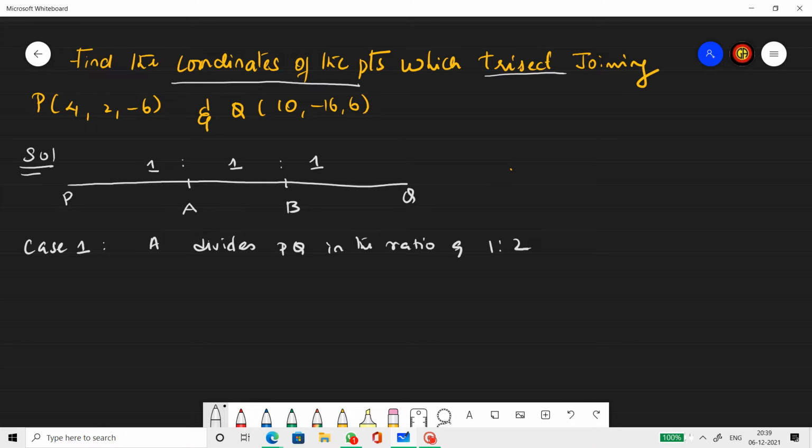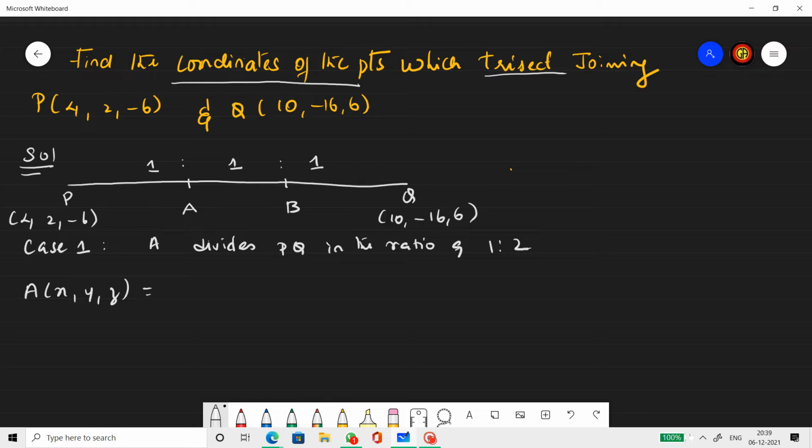Now that's it. Use the section formula for P and Q and get A. So A has x, y, z coordinates. P I didn't write, let me write that: P is (4, 2, -6), Q is (10, -16, 6).